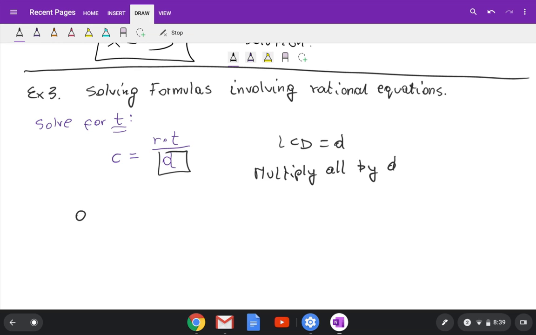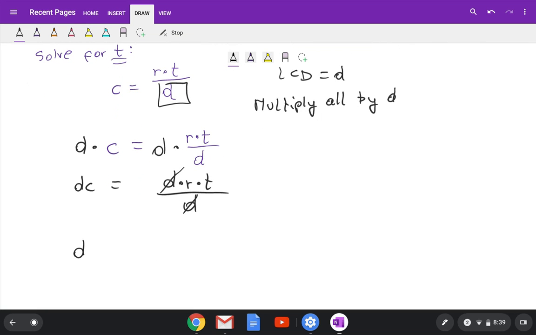So we have d times the original left side, which is c, equal to d times the original right side, which is r times t over d. So we have dc equals d times r times t over d. The d cancels, and we have dc equals r times t.